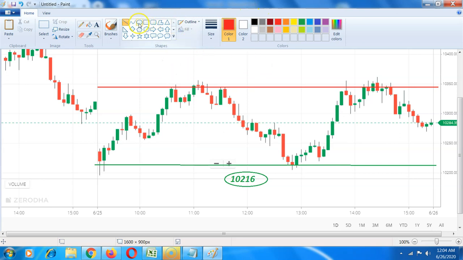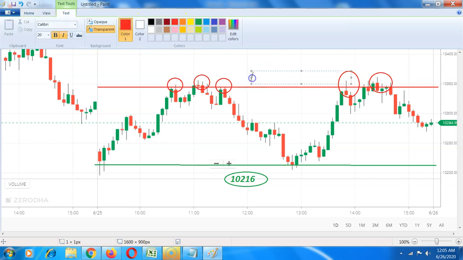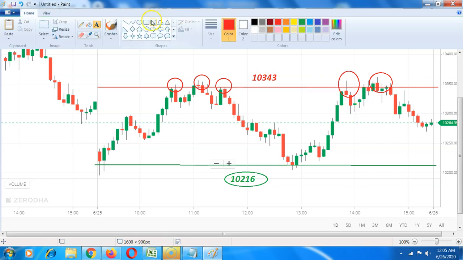You can see multiple places where it got knocked down. And Monday morning's first 15-minute candle high was around 10,358, and that was almost the precise top for today. So this is how it panned out today.